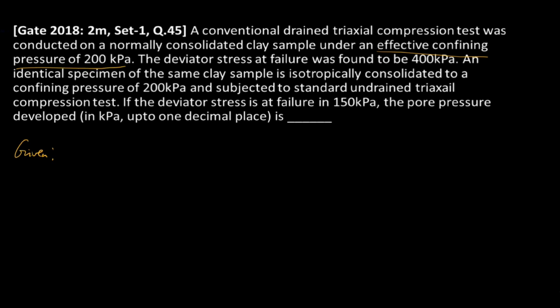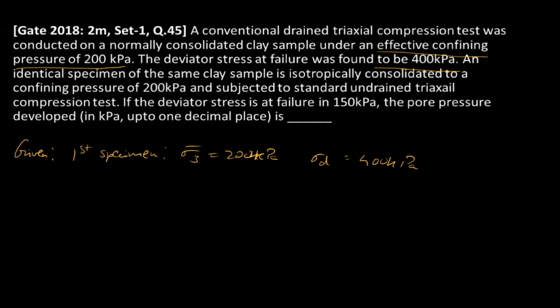For the first specimen, they have given the effective confining pressure sigma 3 dash equal to 200 kilopascal. The deviator stress at failure was found to be 400, so sigma d will be 400 kilopascal.